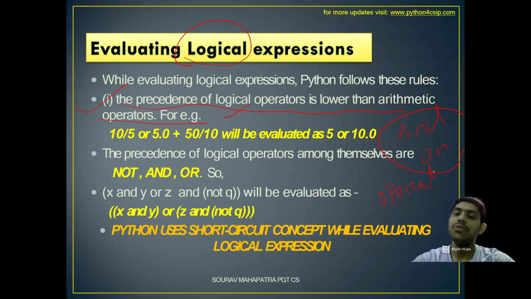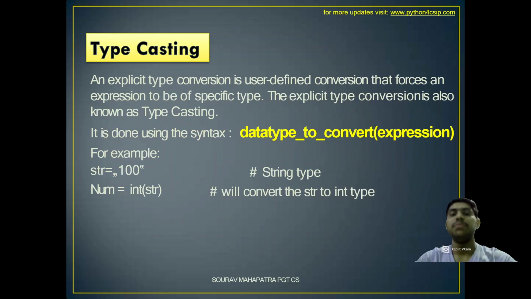I will share it with you; you will follow it. It lists operators from highest order to lowest order. 50 by 10 will be evaluated as 5 or 10.0. The precedence of logical operators among themselves is first not, then and, then or. So you can check like this and evaluate the logical expressions.